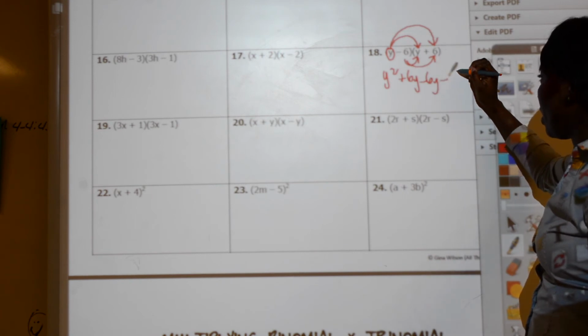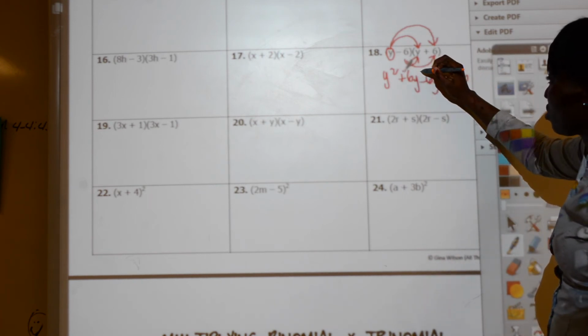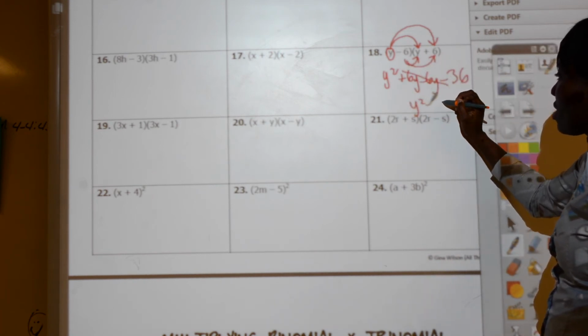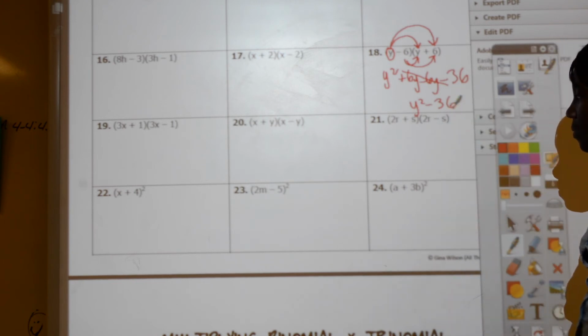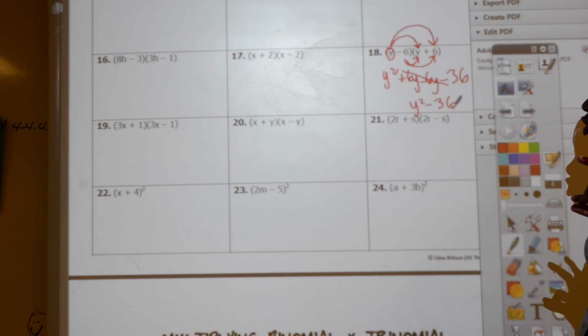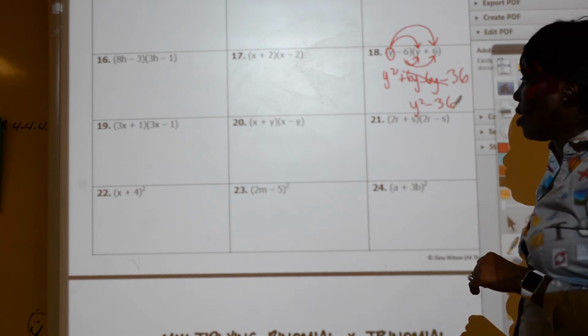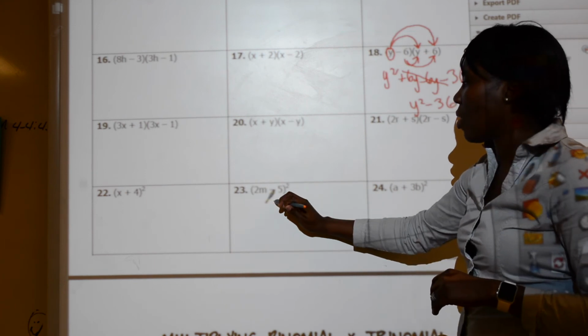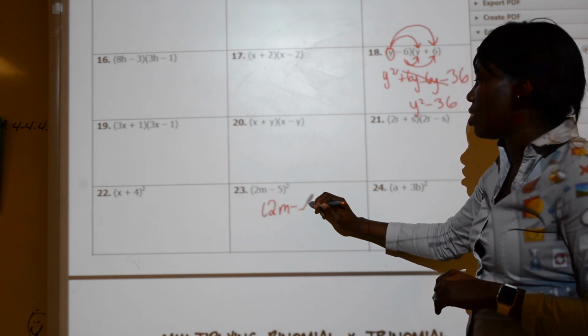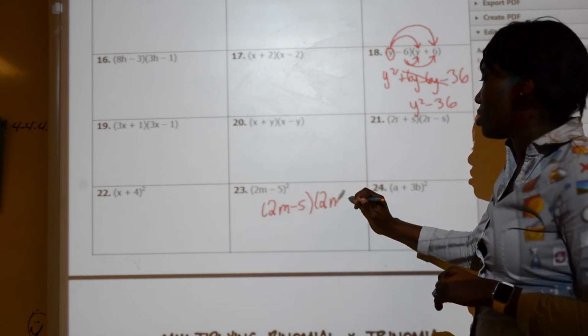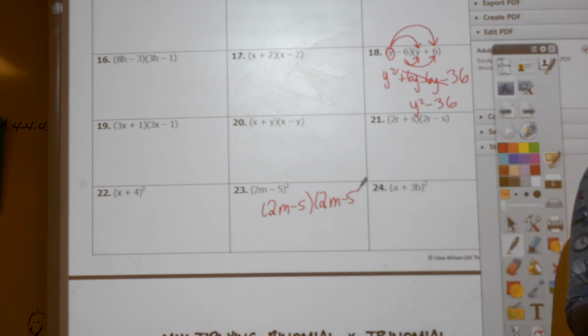Here I get negative 36. These two terms cancel, and so we just have y squared minus 36. And we'll talk about that a little later. That's actually a special product. But just in case you're wondering, I'm just letting you know. And then here, remember if it says squared, that just means you write the parentheses twice. Everybody got that?